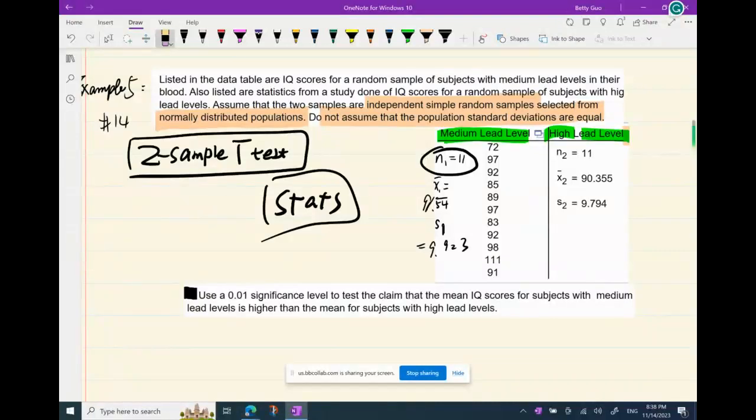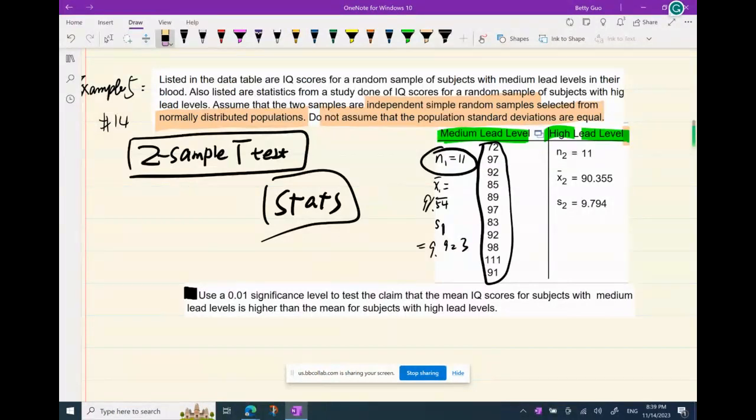But before we apply that function, we first have to enter those values in list 1 and then do the calculation. Okay, would you like to do that with me? So let me explain what's going on here. We cannot use data, because if you use data, both samples have to be raw data. You cannot do half and half.